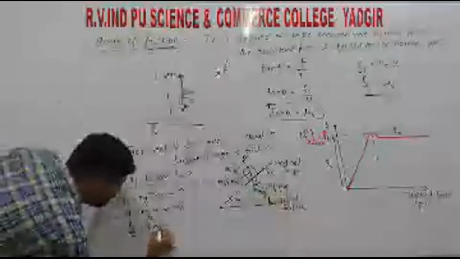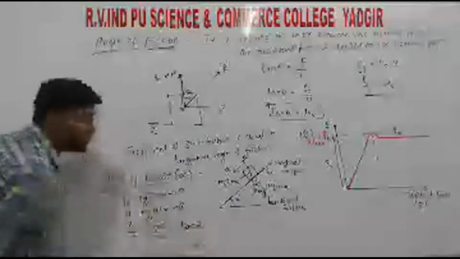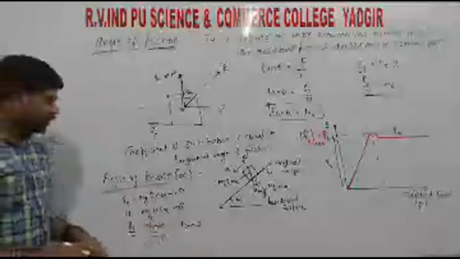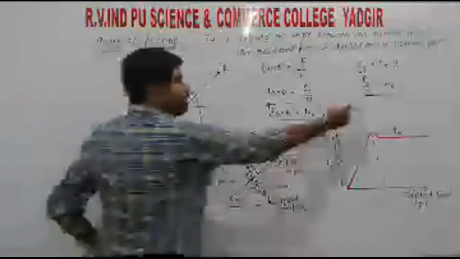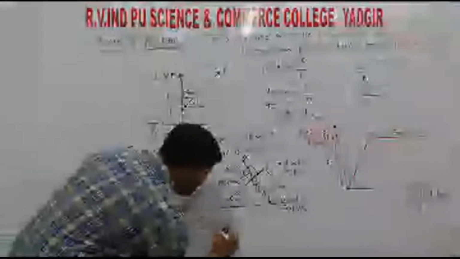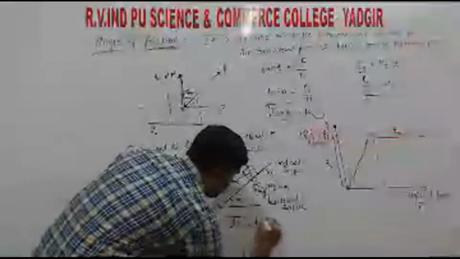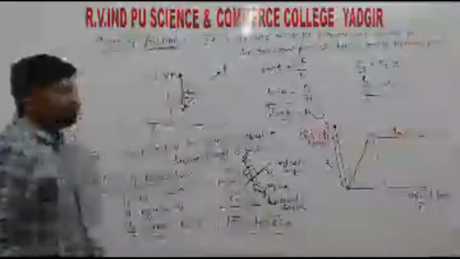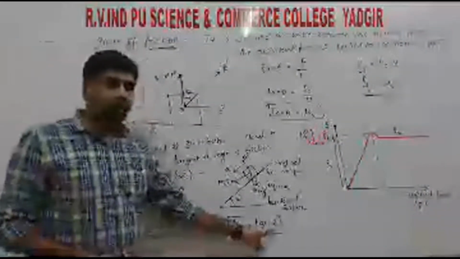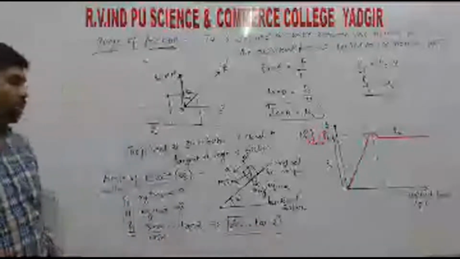So sin alpha by cos alpha, we call that tan alpha, again from trigonometry. So again Fs by n is mu s, right? So from this we can write mu s is equal to tan alpha. So coefficient of static friction we can also write in terms of angle of repose, right? So mu s is equal to tan alpha.